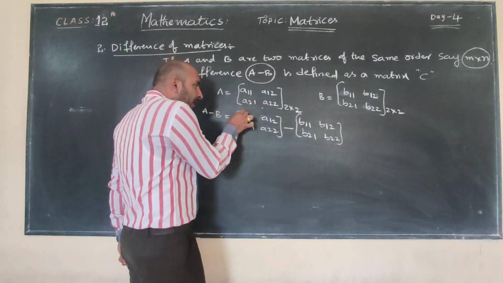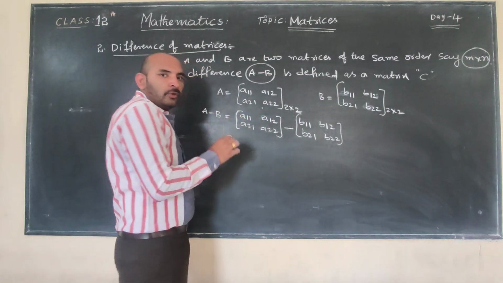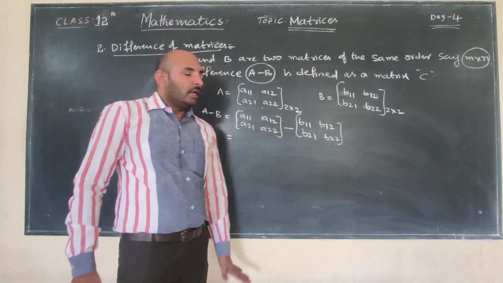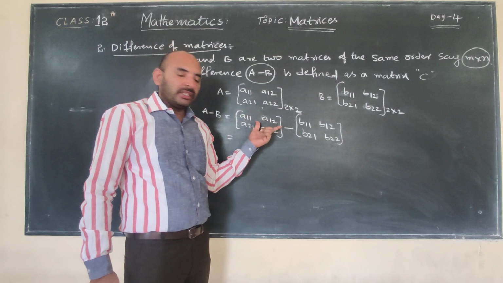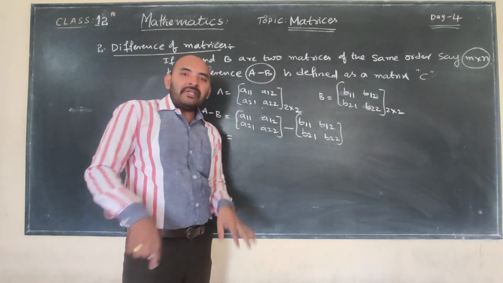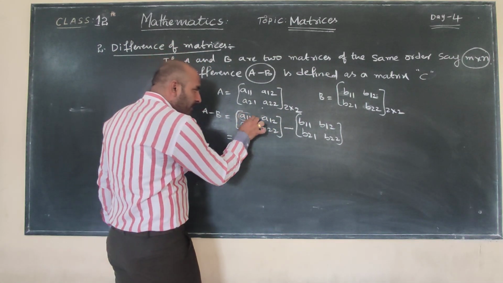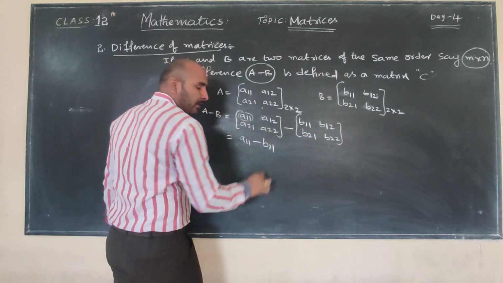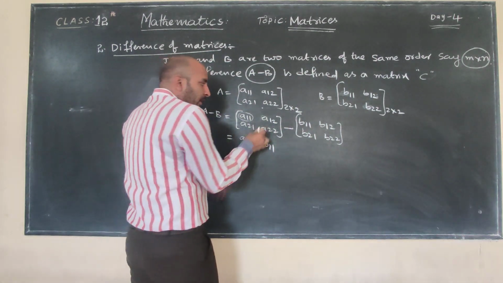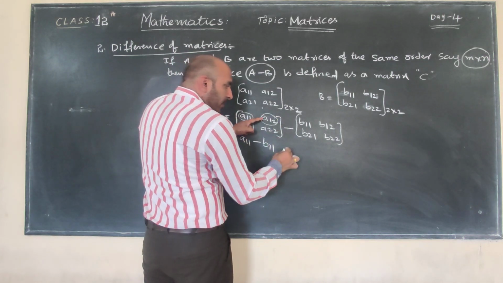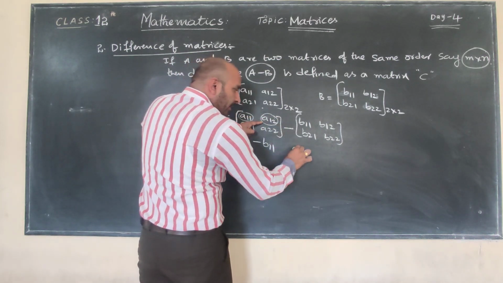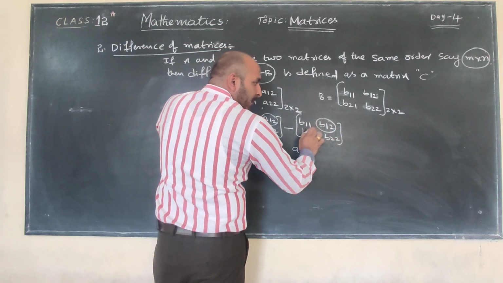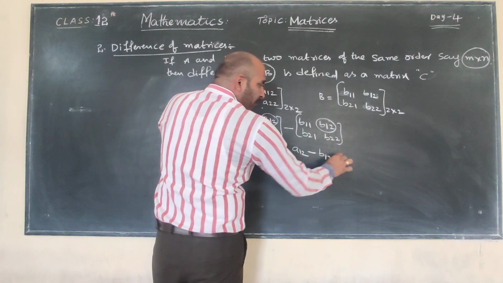Corresponding positions of both matrices must be subtracted. In addition, we take addition; here, subtraction, both elements must be subtracted. So first row, first element A11 minus B11: A11 minus B11. Next, first row, second element A12 minus first row, second element B12.